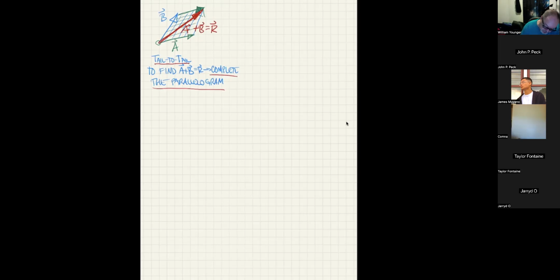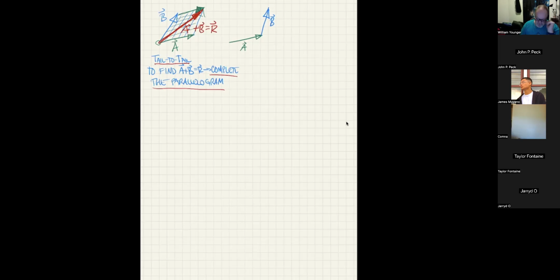Now let's draw another one. Let's say, first off, let me draw a vector A. And second off, let me draw a vector B. Okay. Now, anybody want to take a guess at whether these vectors are head to tail or tail to tail?